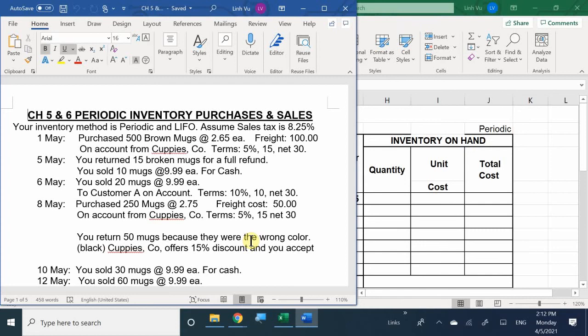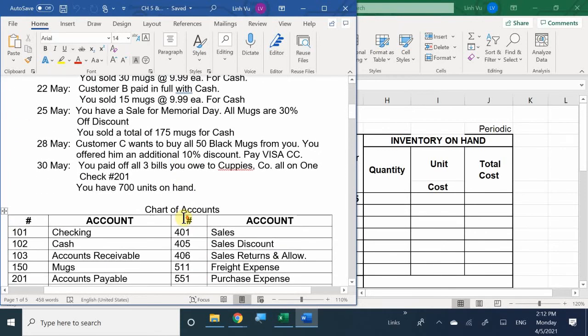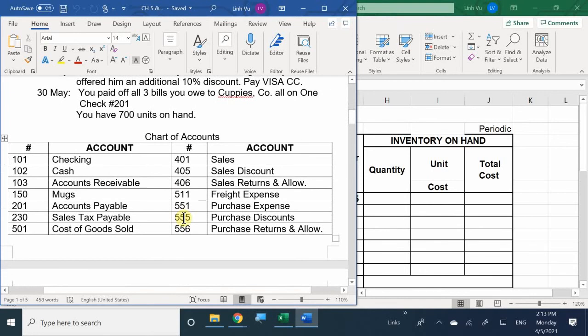So from this right here, how are we going to journalize this? Let's take a look at my accounts. I sold something, but how did I sell this? Accounts receivable. Yes, we gave it to customer A on an account, so accounts receivable is correct.